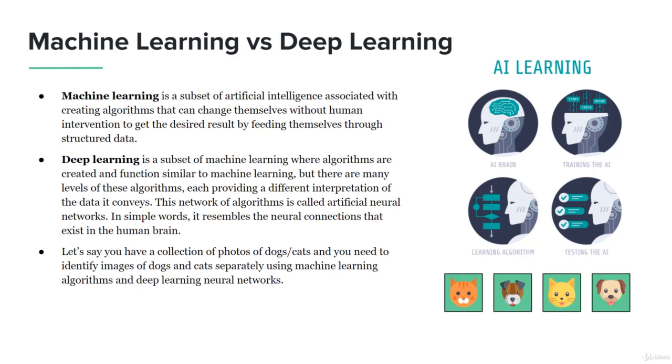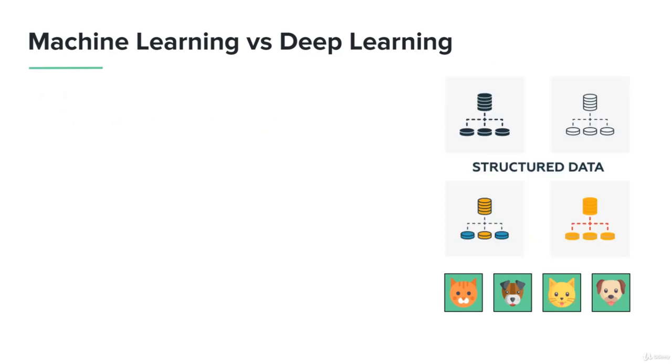Now, with deep learning, we're using machine learning algorithms and deep learning neural networks because oftentimes we only have very limited information. So let's dive into this a little bit deeper here.